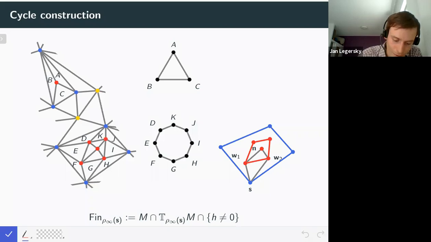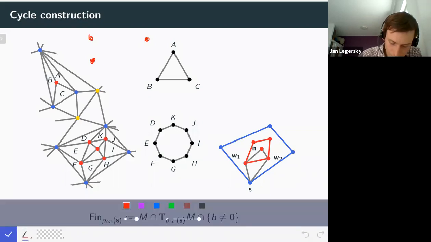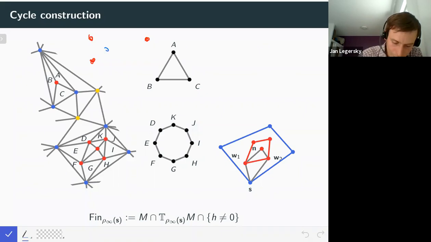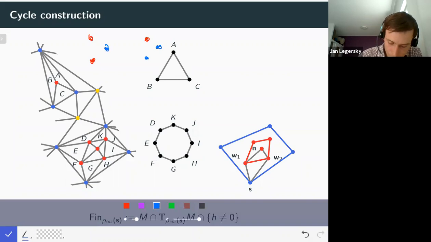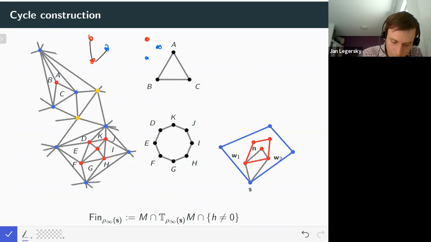So either we consider triangles that look like this. So now we consider only these kinds of triangles, 2 blue vertices and 1 red, or 2 red and 1 blue vertex. We forget about all the other triangles. In my picture on the left, these triangles are labeled by letters.